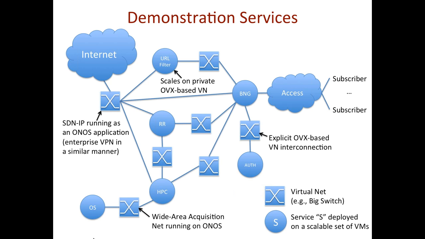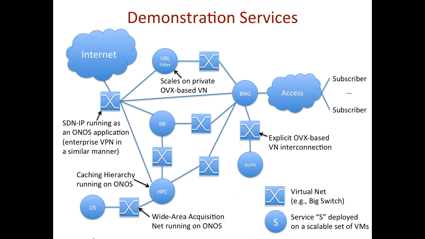This particular virtual network is interesting because it will be used for wide area acquisition of content. OS stands for the object store. HPC is the caching service. And so that would be, unlike SDN IP, where you're connecting to the global internet, this would be connecting to the global SDN network. You wouldn't necessarily transition out into IP land, but you could put a remote object store, make it accessible through a virtual network.